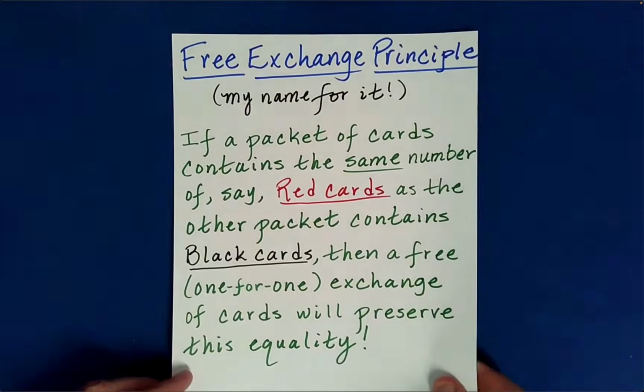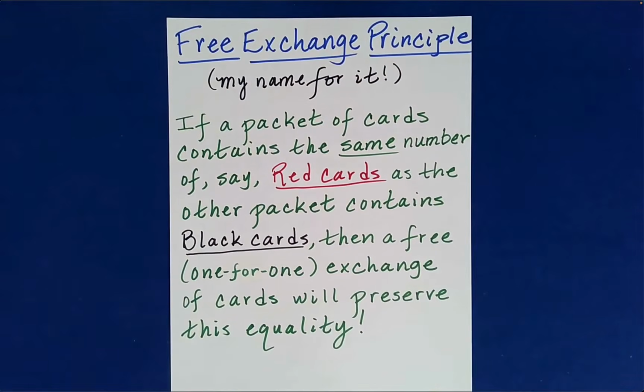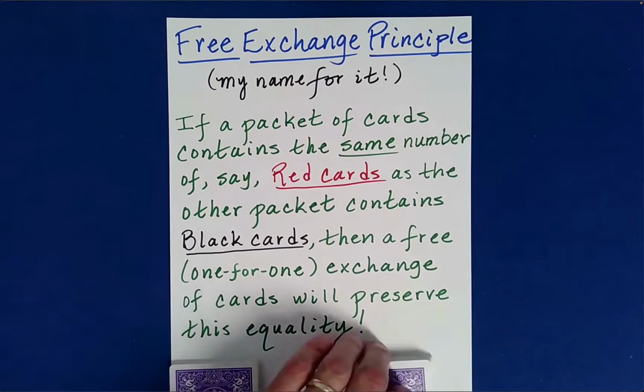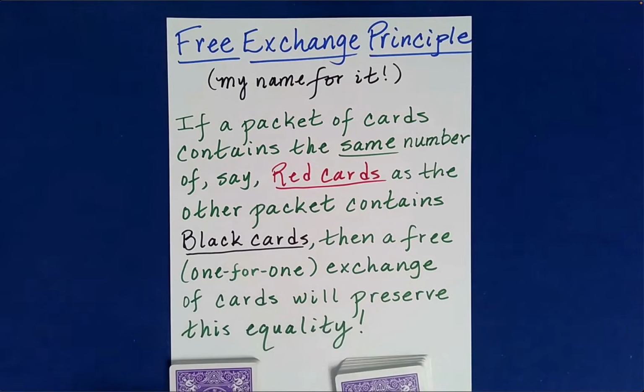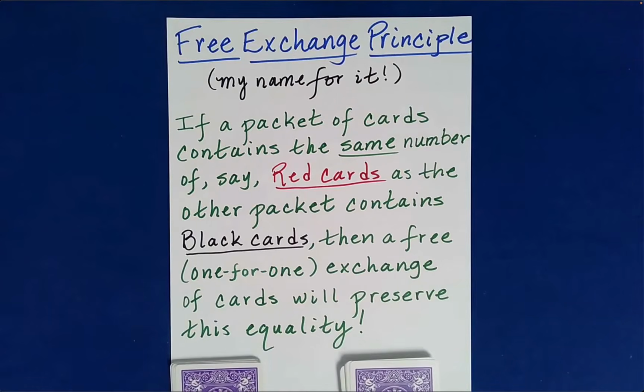Now, the other idea is called the free exchange principle. And what you need for this is simply a structure where you have two packets of cards, and you can have different numbers of cards here. But if you know that the number of red cards here matches the number of black cards here, then a one-for-one exchange will not upset that equality.